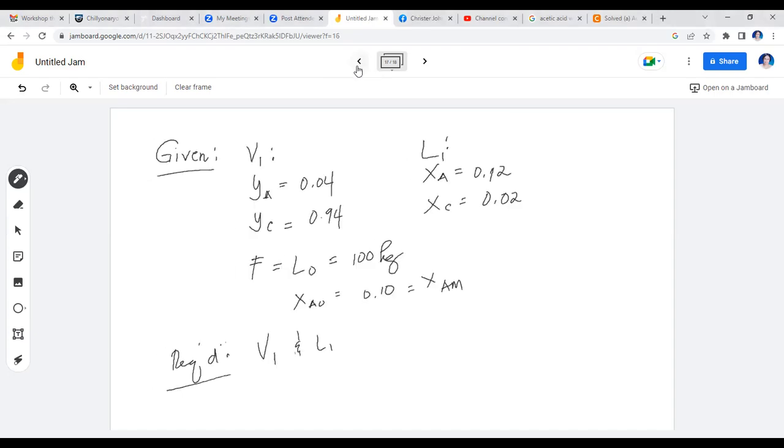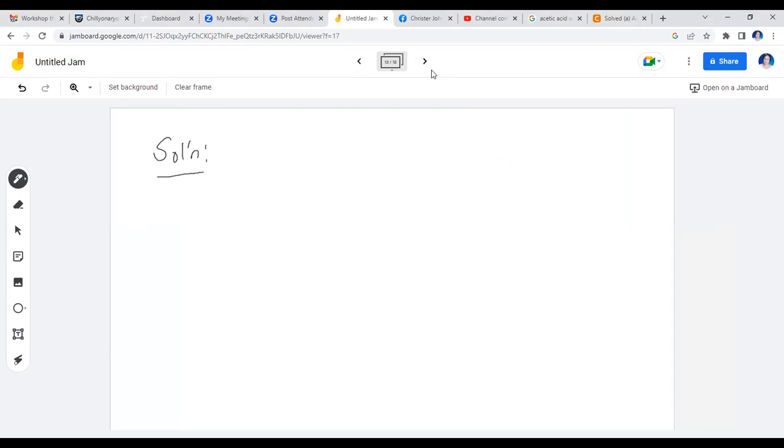Okay? So we go back to the given. This is our given, and we are asked to find the V1 and the L1. If you do our material balance, an overall material balance, your V1 and your L1, which is equal actually to your feed, is given already at 100.